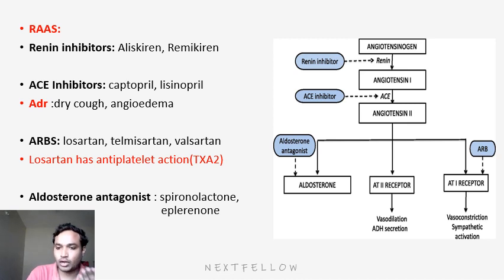When it produces aldosterone, a hormone, it enhances absorption of sodium and water from the renal tubules and potassium excretion, thereby increasing BP. So we can decrease BP by inhibiting aldosterone with aldosterone antagonists, and by blocking AT1 receptors with angiotensin receptor blockers, the ARBs. Among ARBs we have losartan, telmisartan, valsartan.